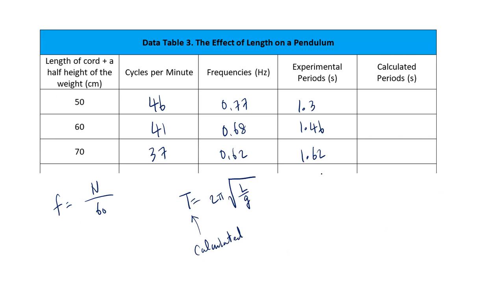In this case, g is equal to 980 centimeter per second squared. Then we can find T equal to 2 pi times the square root of L, which is 50 centimeter, divided by 980.